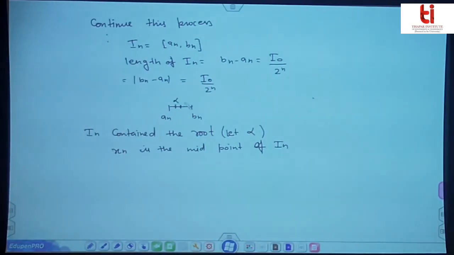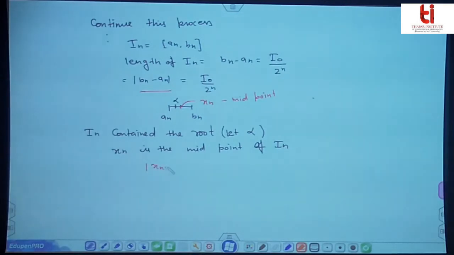This is your xn. Xn is the midpoint of An and Bn. And alpha is anywhere different from the midpoint, and it could be the midpoint also, because whenever the midpoint is approaching toward alpha.